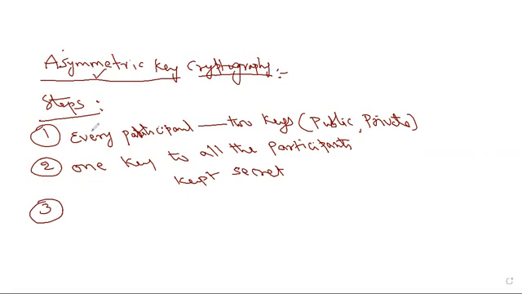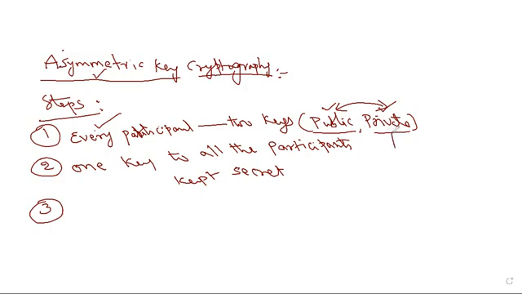So in the first step, every user generates two keys, one called the public key and another called the private key. These two are mathematically related to each other. If one key is used for encryption, the other key must be used for decryption.